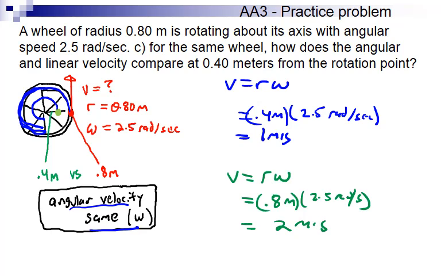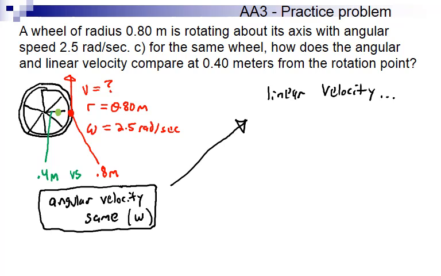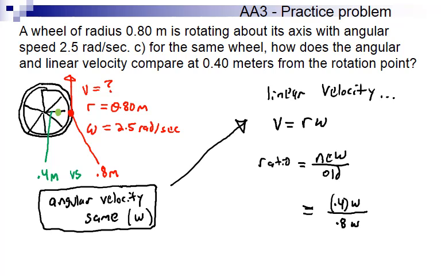So yeah, the outer part is covering twice as much ground, as it travels around here, twice as much length as the inner part. And if we would have set up a ratio between the two, the new over the old, we would see that the linear velocity is half for the inner one.